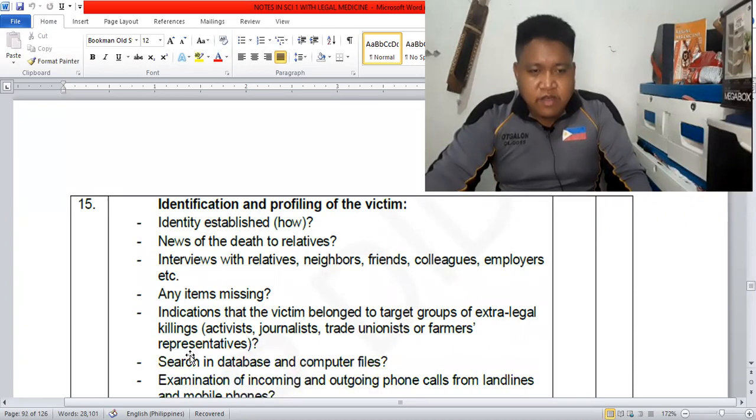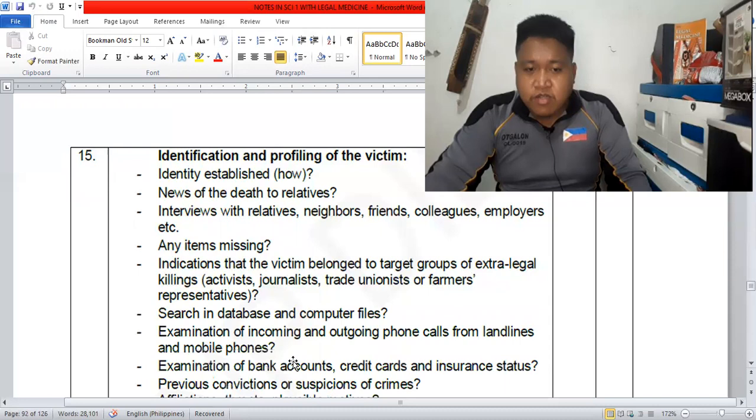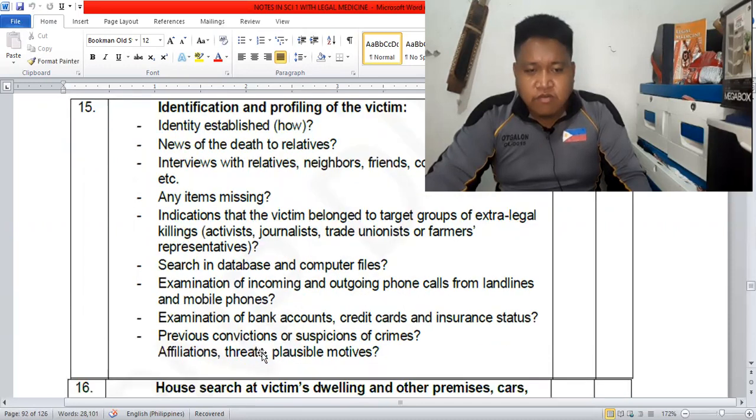Then identify if there is any item missing. Indications that the victim belonged to target groups of extra-legal killings, search in databases and computer files, examination of incoming and outgoing phone calls from landlines and mobile phones, examination of bank accounts, credit cards, and insurance status.